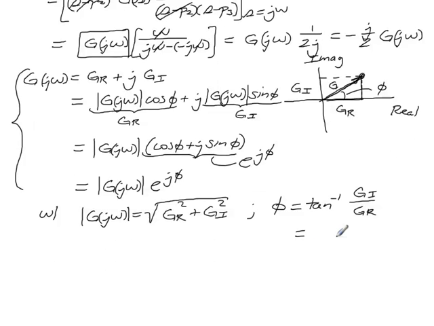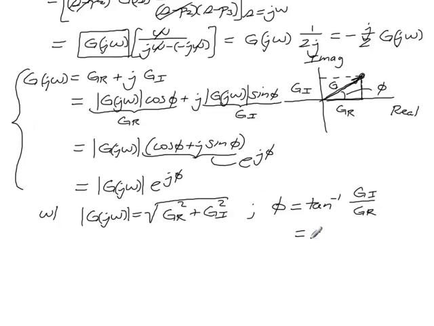And you might recall that when you use the inverse tan, you have to be very careful to get the right quadrant of the angle. If you just divide the two numbers and hit tan inverse on your calculator, you're only going to get an angle between minus pi over 2 and plus pi over 2. Maybe the phase angle is going to be someplace else.